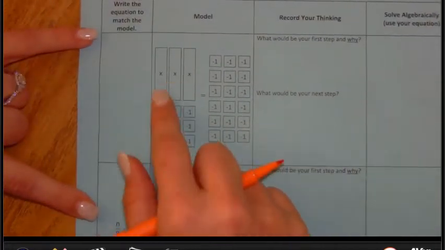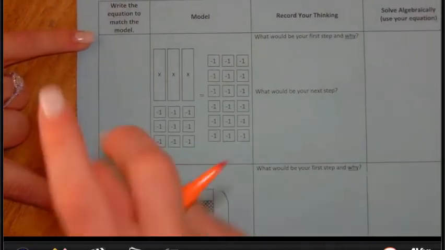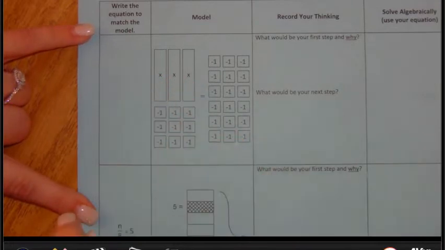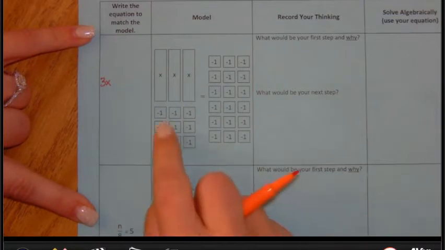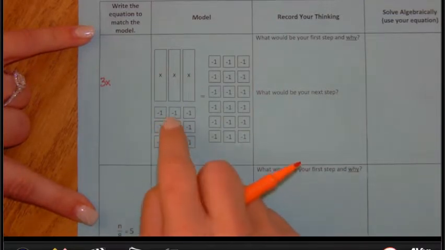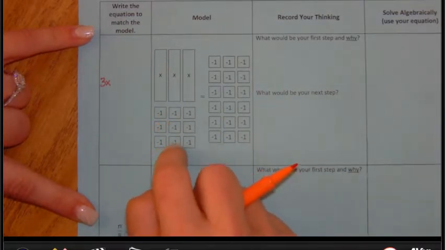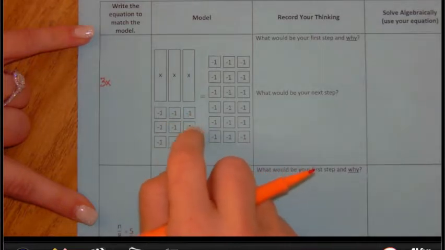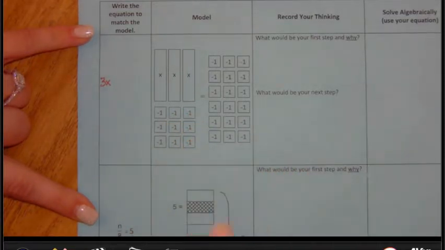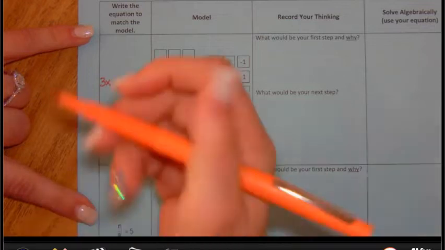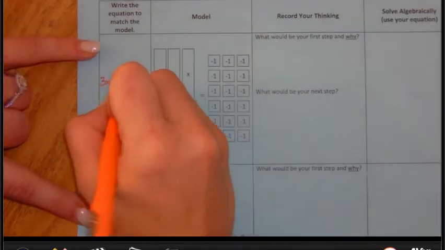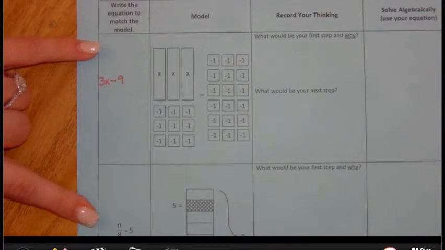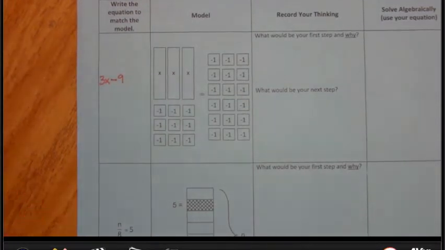Okay, so let's go ahead and write this equation. How many x's do you see? I see 3 x's. Okay, how many negative ones do you see? I see 1, 2, 3, 4, 5, 6, 7, 8, 9. I see 9 negative ones. So what I'm going to do is I'm going to say minus 9.